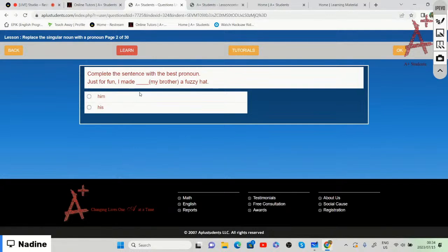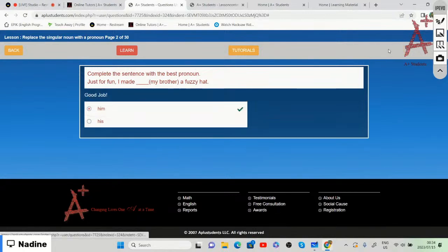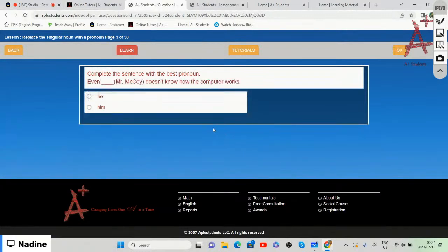All right, so just for fun, I made him a fuzzy hat, or just for fun, I made his a fuzzy hat. If we were to choose the best pronoun, let us choose I made him a fuzzy hat. So if you have him, then well done.